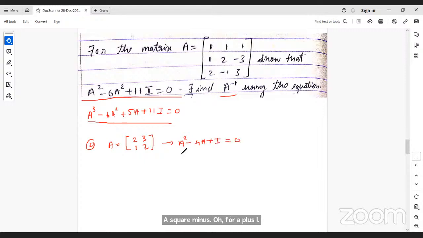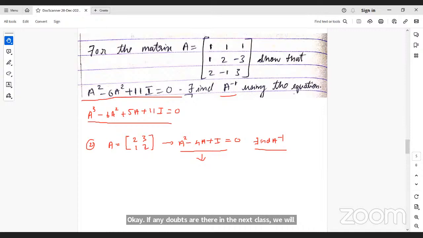So using this equation, we need to calculate A inverse. Find A inverse. You need to apply the same procedure here and solve it and calculate the A inverse. You all solve this example for homework. This is a 4-mark question on determinants. If any doubts are there, in the next class we will discuss A inverse.